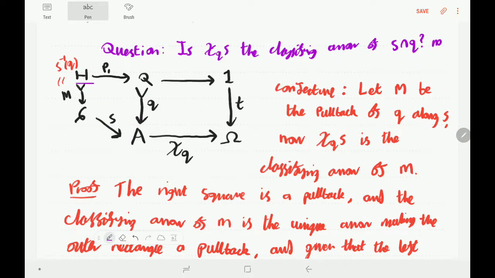So the pullback lemma gives us that the whole outer rectangle is a pullback, and then the definition of subobject classifier means that chi Q after S must be the classifying arrow of M equals S to the minus 1 of Q. So there we have it.